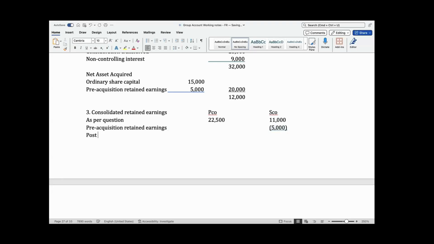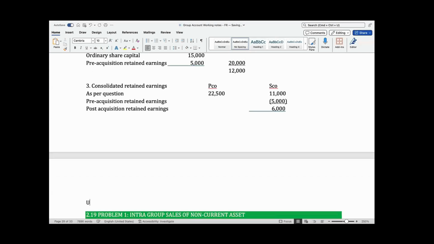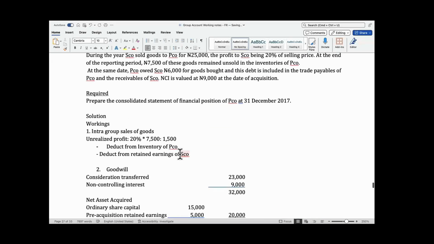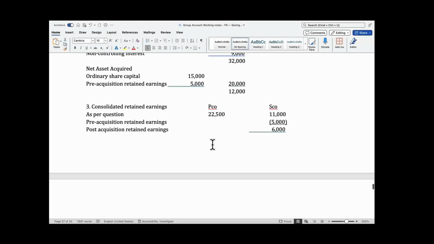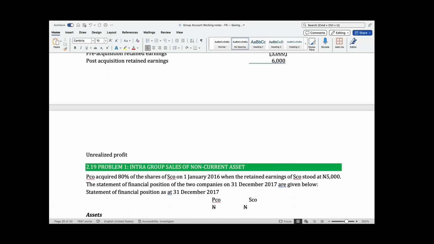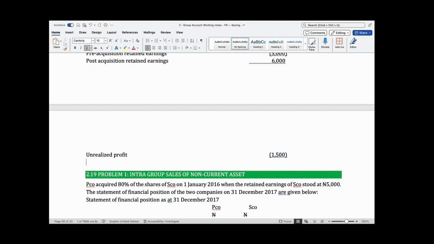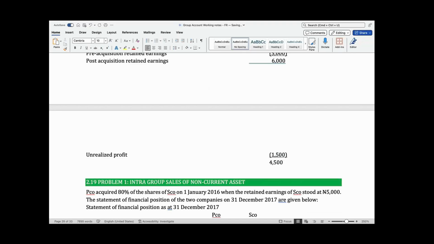What's the post-acquisition retained earnings? 6,000. And don't let us forget the unrealized profits. Who is making the profits? ESCO. So you remove 1.5 from his profits being unrealized. So he's left with how much? 4.5, which is what is left to share.